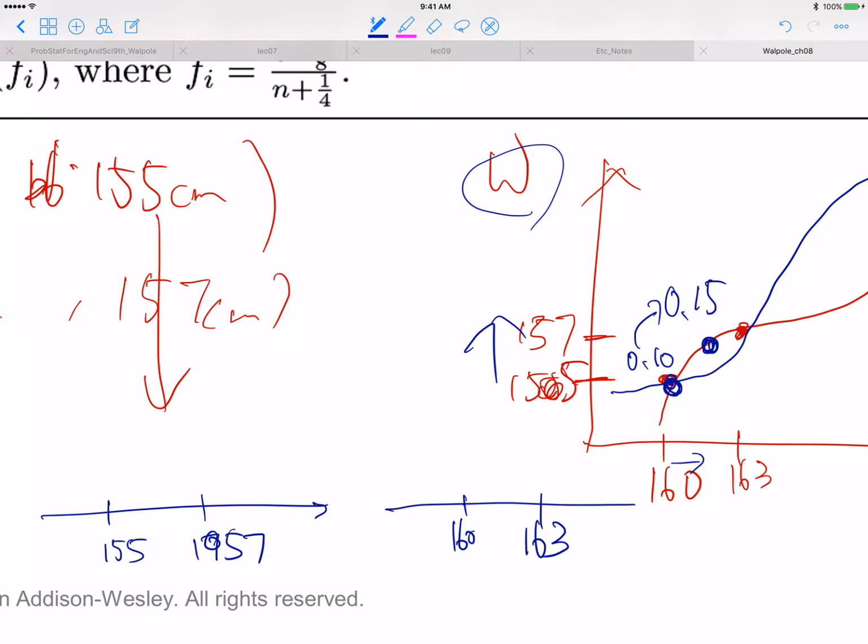In this case, this is a woman's height and this is a man's height, and the probability assigned to the range between 155 and 157 was the same as the probability assigned to 160 to 163 for men's height. So the same probability was assigned to a wider region in the case of men compared to the women's case.